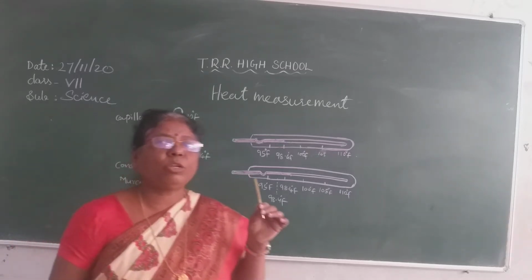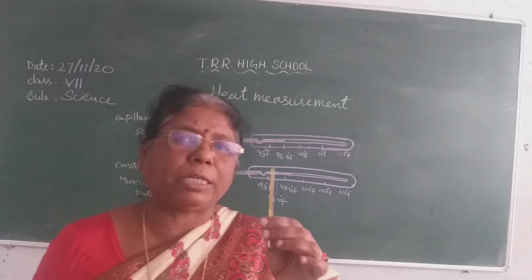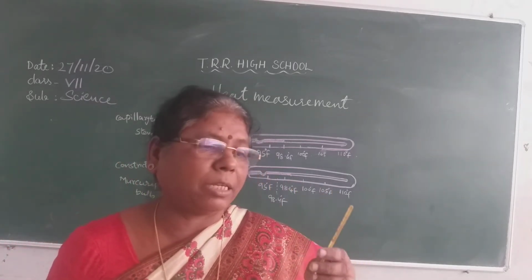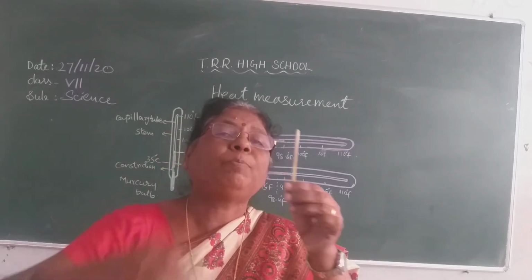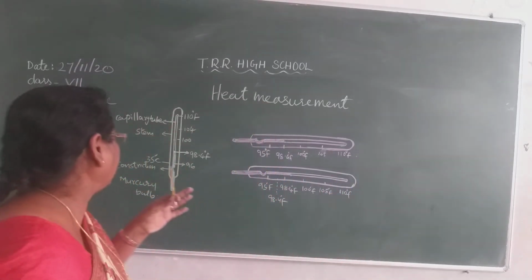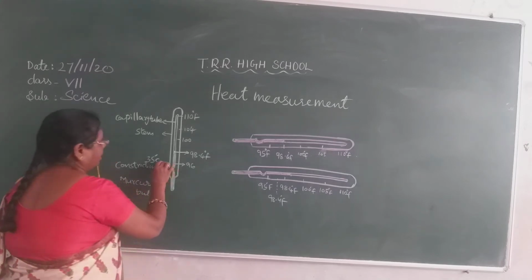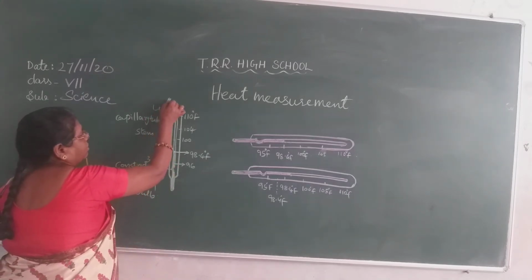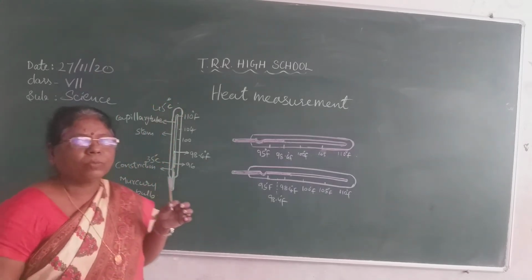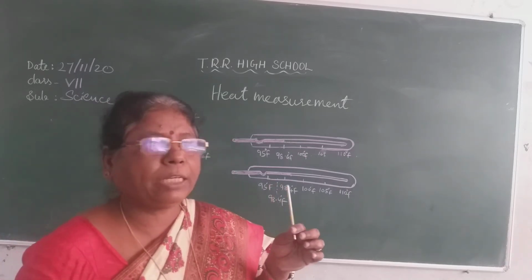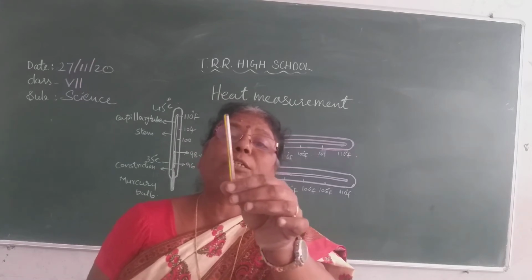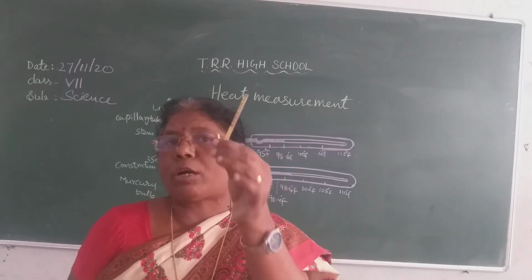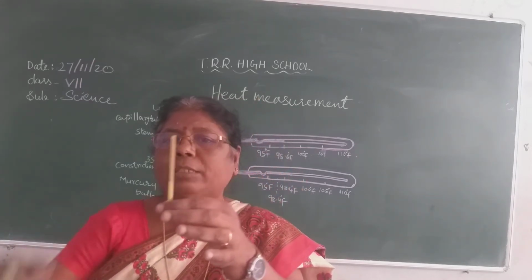The Celsius scale starts at 35 degrees Celsius and goes to 45 degrees Celsius. Understood? And in one thermometer you get both scales. This is called a doctor's thermometer or clinical thermometer.